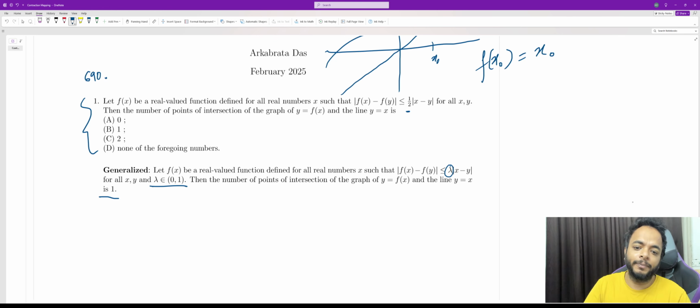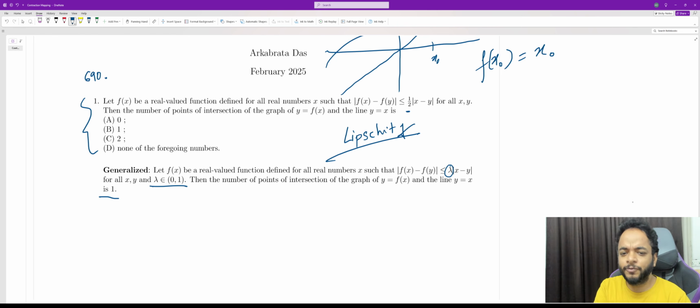Moreover, these types of functions are known as Lipschitz functions. All Lipschitz functions are not differentiable, but all Lipschitz functions are continuous, and moreover they're uniformly continuous. For high school students, forget about the word uniformly.